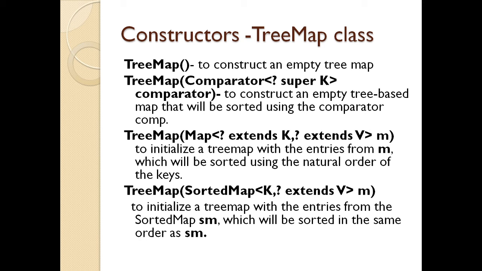It initializes a TreeMap with the entries from m, which will be sorted using the natural order of the keys. The last constructor is TreeMap(SortedMap<K, ? extends V> sm), to initialize the TreeMap with the entries from the sorted map sm, which will be sorted in the same order as sm.